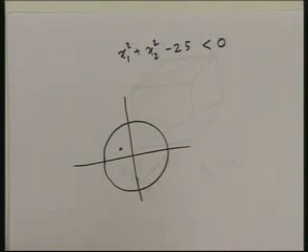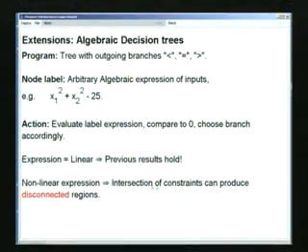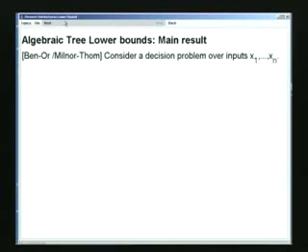If the expression is linear instead of this quadratic, then our previous results actually hold. Unfortunately, if the expression is non-linear, then the intersection of constraints can produce disconnected regions, which cannot happen if things are linear. The main result is something like this. This is a deep result from algebraic geometry.